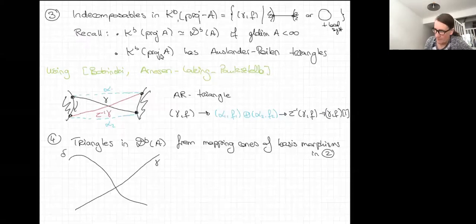So we have gamma and delta, and I should maybe say also before I forget that this is using joint work with Ilke Canakci and David Puxtello.